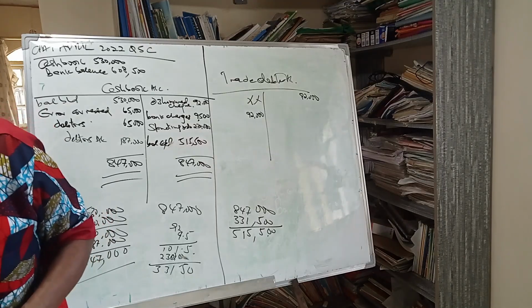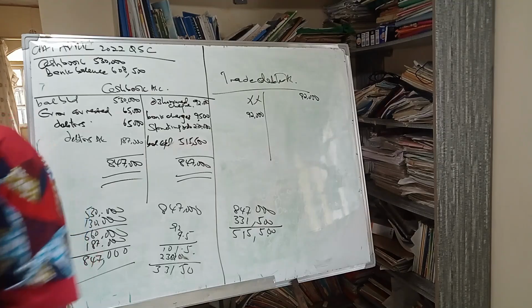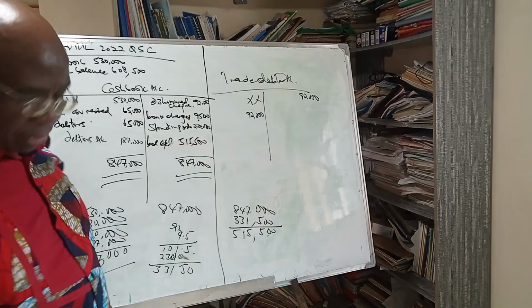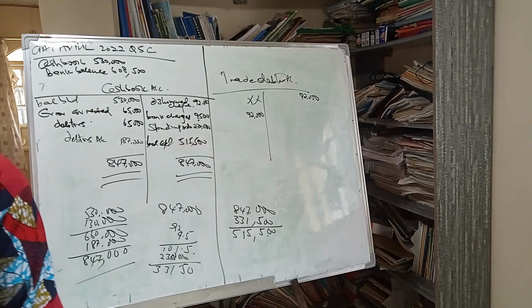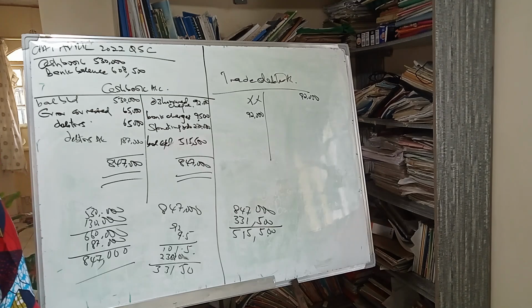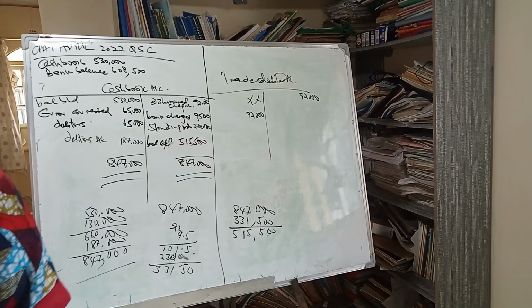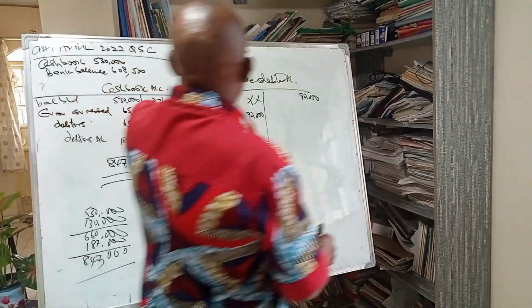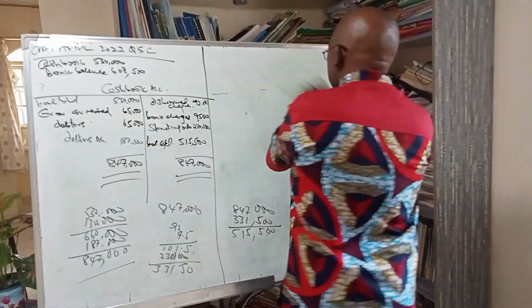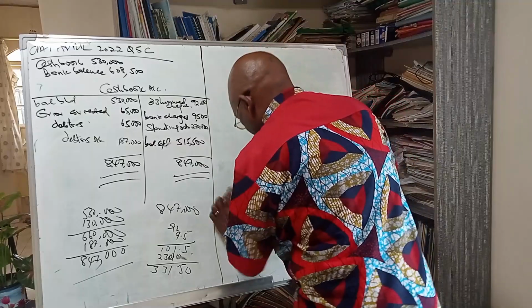Now we prepare the bank reconciliation statement. We call the firm Legume Traders.